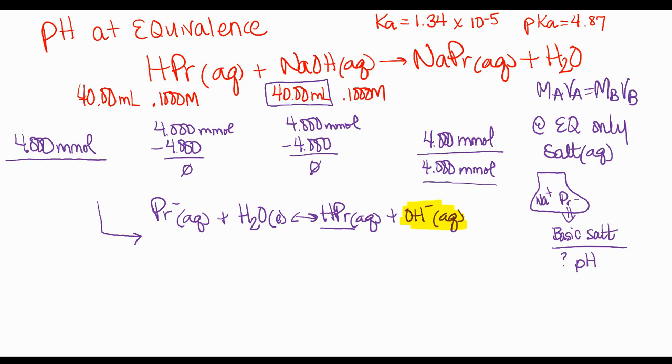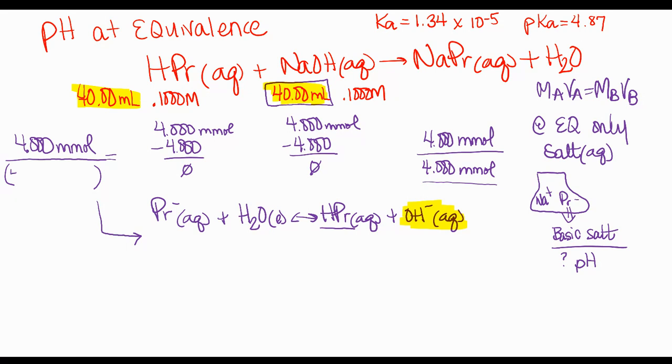as I showed in the previous video, we can find the concentration by dividing by our total volume in milliliters. Let's note, we started with 40 mLs of the acid and we added it to 40 mLs of the base. So what does that mean?